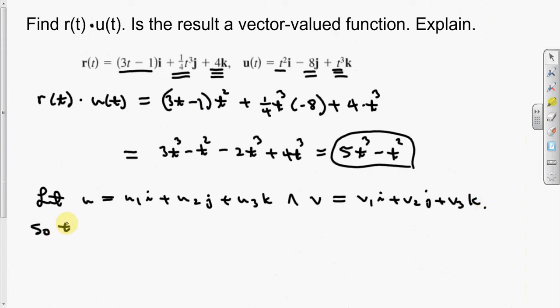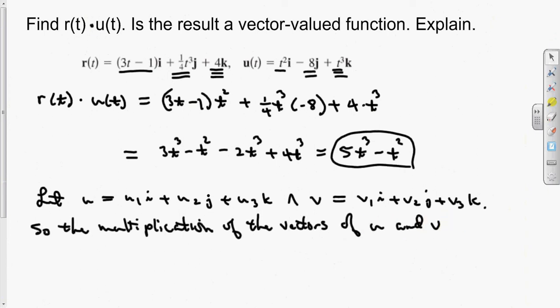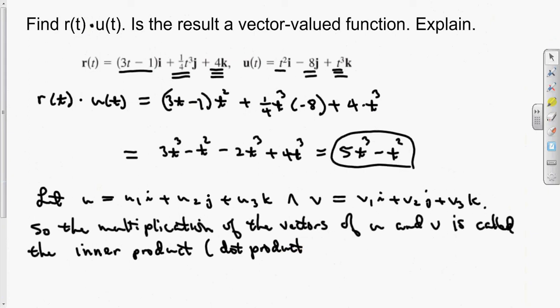So the multiplication of vectors u and v is called the inner product, and for short, dot product, denoted by u dot v.